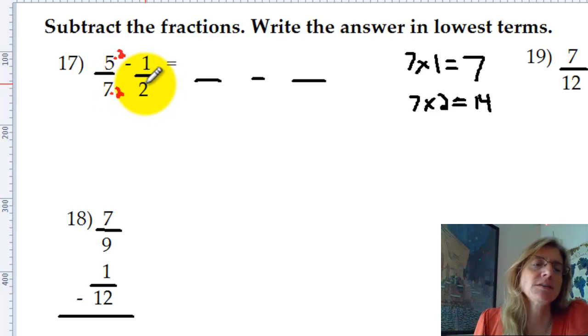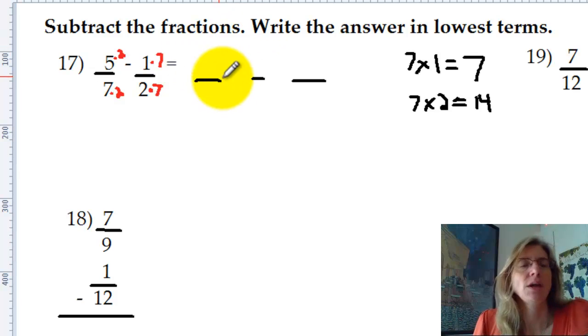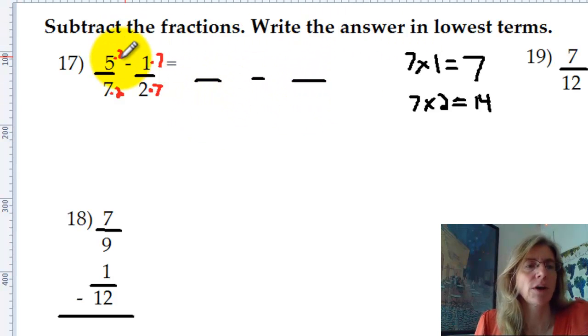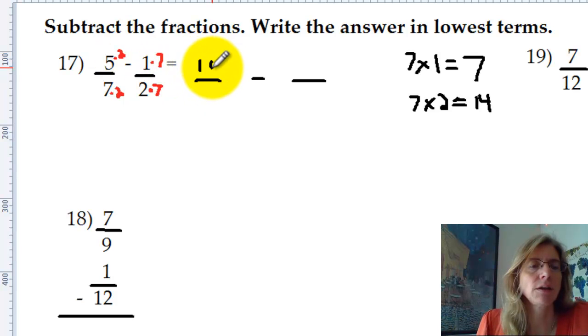So in order to make this denominator 14, we have to multiply 2 by 7, which means we multiply the numerator by 7. So now we have new fractions to put in over here. 5 times 2 is 10, that's 10. 7 times 2 is 14.